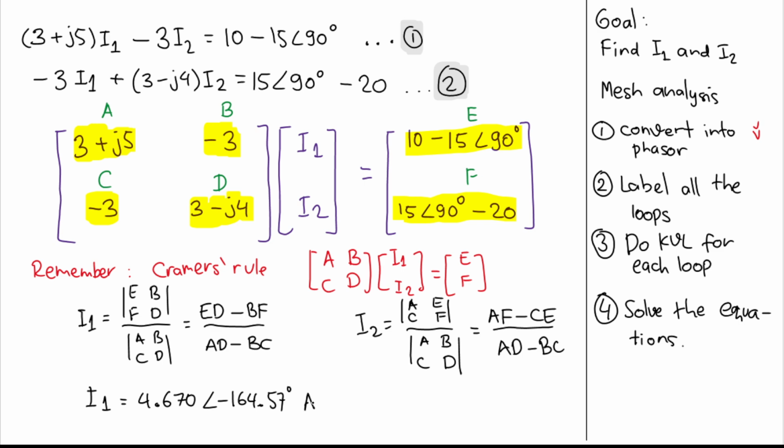The unit will be in amperes. Good, and this is I1. I think that is the final value for I1.